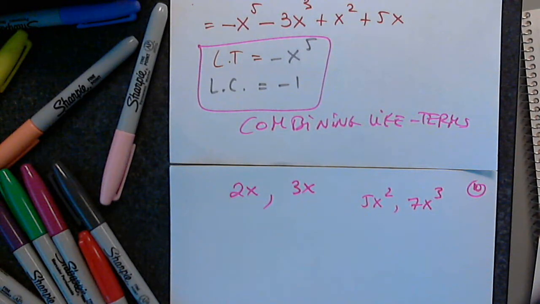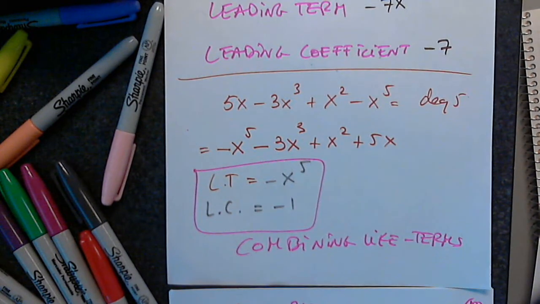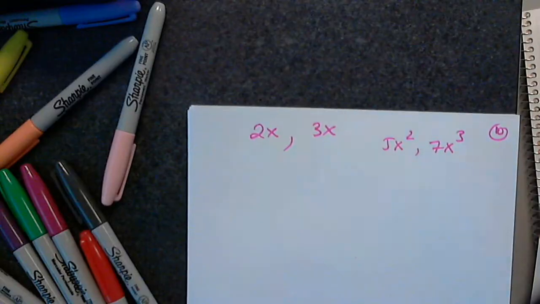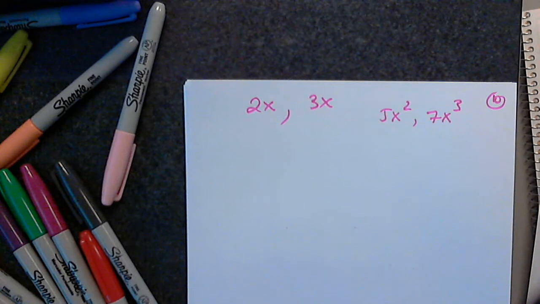Like here, are these like terms? No, I can't combine anything. This is degree 5, this is degree 3, degree 2, degree 1. They can be like terms. I can combine them. 2 apples plus 3 apples is 5 apples, or subtract them if I want to do that. So combining like terms means everything the same except the number outside, which we don't really care about.